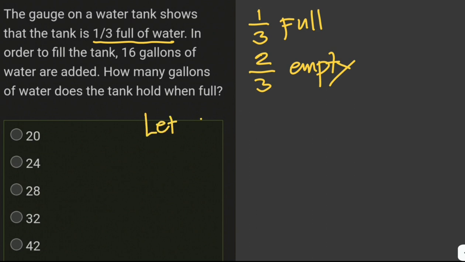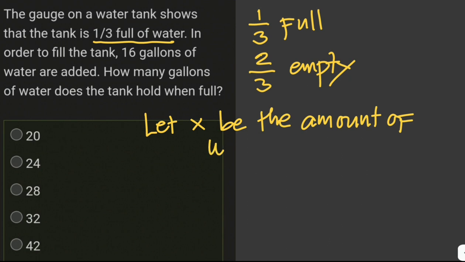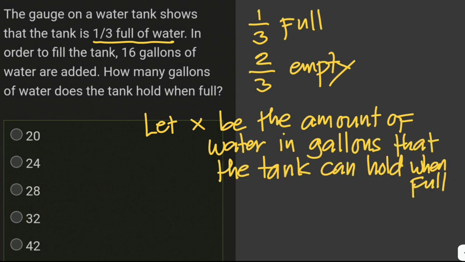So we let X be the amount of water in gallons that the tank can hold when full, or the capacity of the tank. It is given here that in order to fill the tank, 16 gallons of water are added.